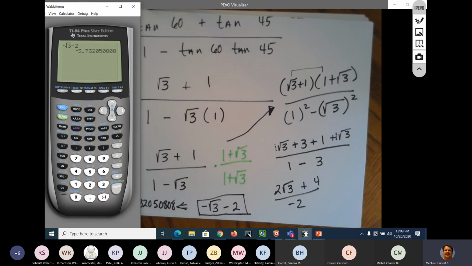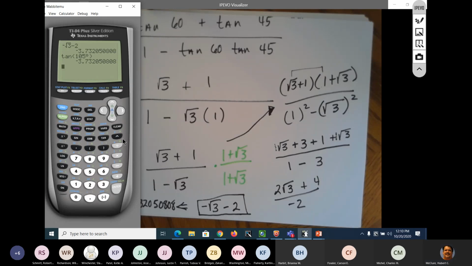And now let's check it to see if we're right. Tangent. I'm trying to find the tangent button. There it is. Of, what did we say, 105? I said 105 degrees, didn't I? 105 degrees, close parentheses.